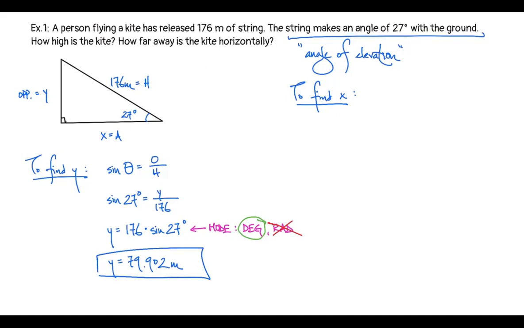We're using the cosine because we have the hypotenuse and we're finding the adjacent.